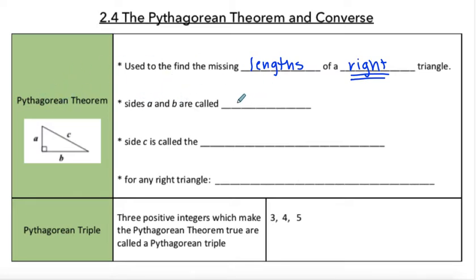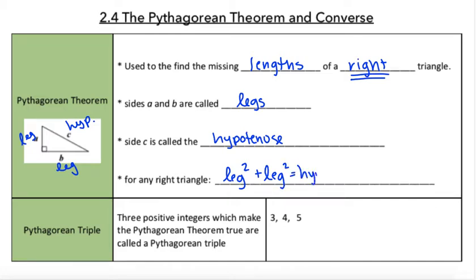Sides A and B are called the legs, and side C is called the hypotenuse. So A is a leg, B is a leg, and C is the hypotenuse, which I abbreviate HYP. For any right triangle, the leg squared plus the leg squared will always equal the hypotenuse squared.